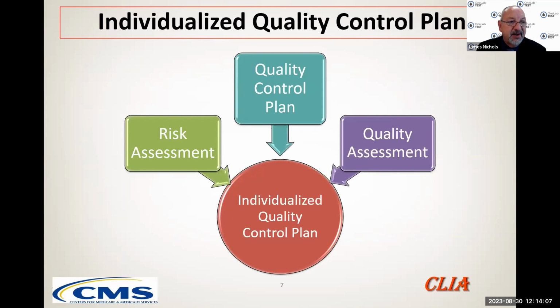That's summarized in a quality control plan. And once the lab implements the quality control plan, you're going to continuously assess the quality. And if continued errors occur, you're going to go back and reassess your risk and modify your quality control plan. So it is a continuous quality improvement process.